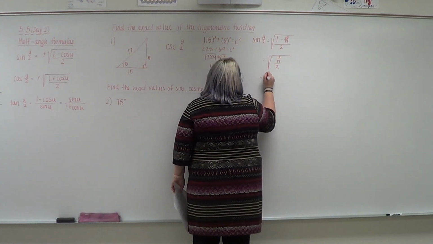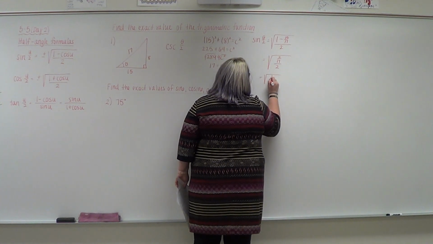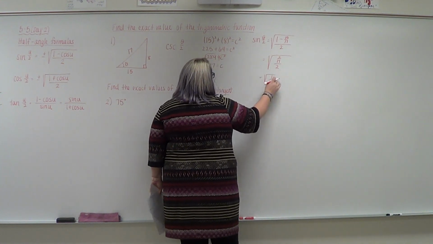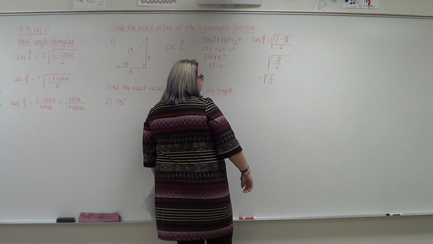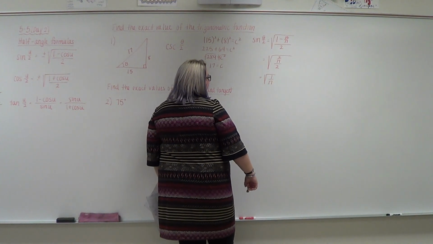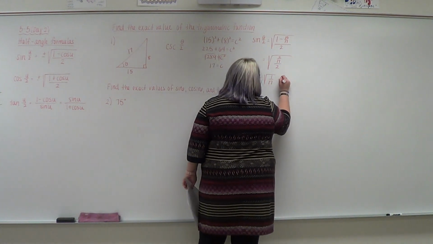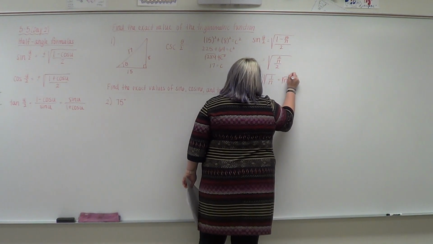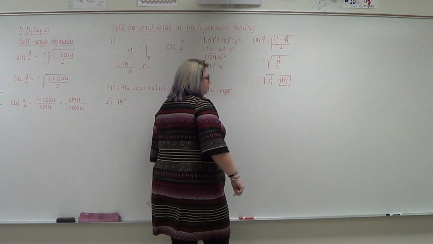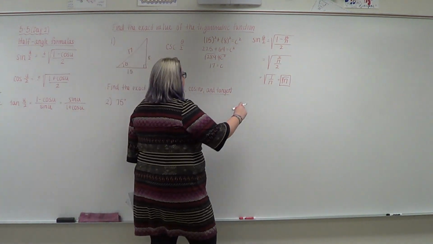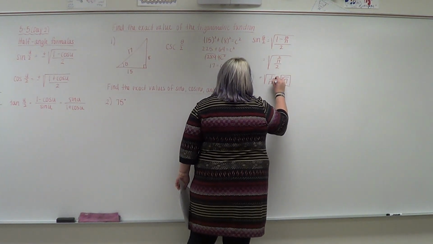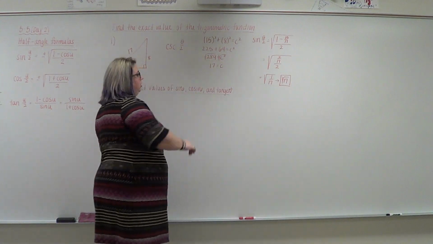If I divide that by 2, that gives me the square root of 1 seventeenth. And then if I flip that, what would I have? If I flip 1 seventeenth, square root of 17. That's your answer.